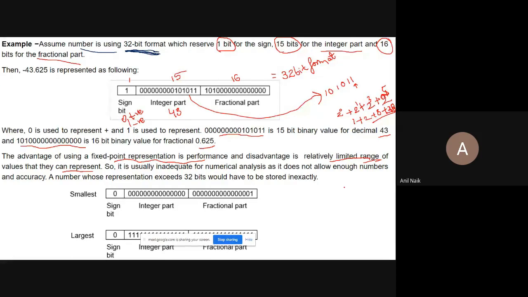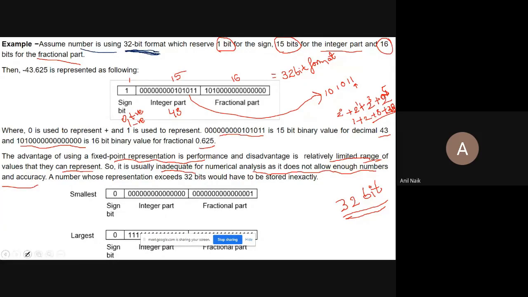Here we are representing the number in a 32-bit format. If the number is very large, as in scientific calculation, we cannot represent it in fixed point representation. So it is usually inadequate for numerical analysis, as it does not allow enough numbers and accuracy.